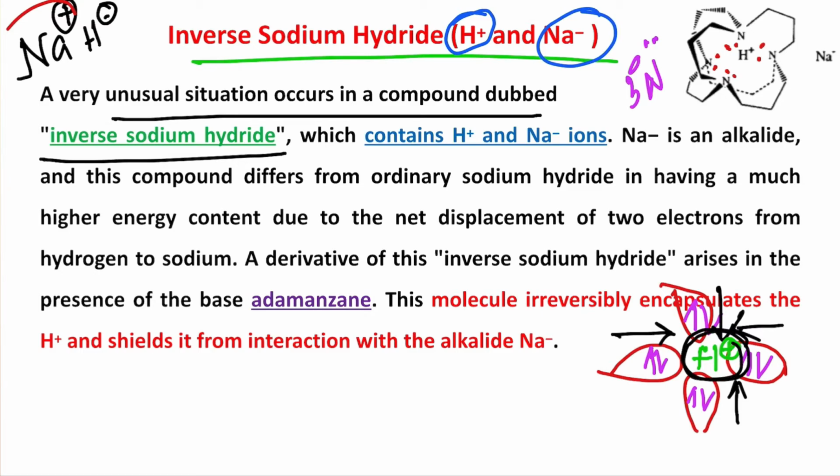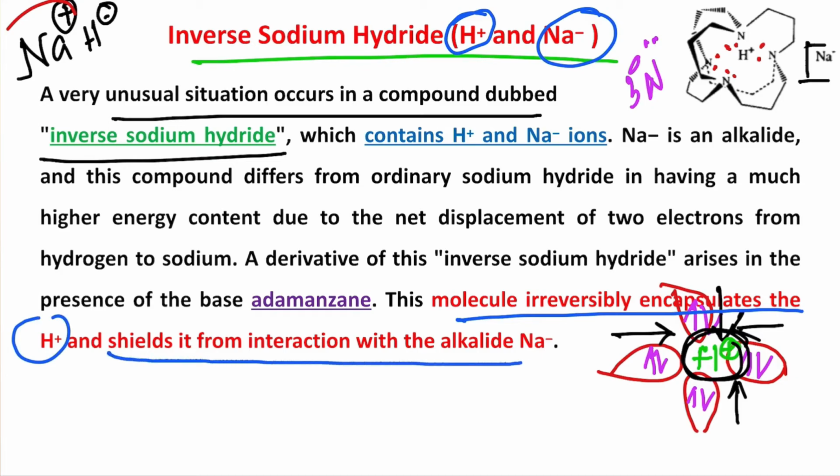So that's why this cationic organic ligand containing the proton is exceptionally stable, such that consequently sodium minus is produced, meaning the electron density from hydride is shifted to sodium. That's why this is called inverse sodium hydride. And this molecule irreversibly encapsulates the H plus and shields it from interaction with the alkalide like sodium minus.